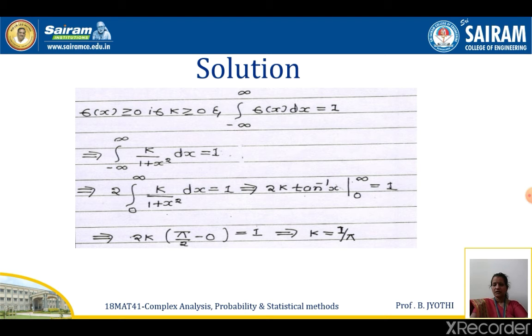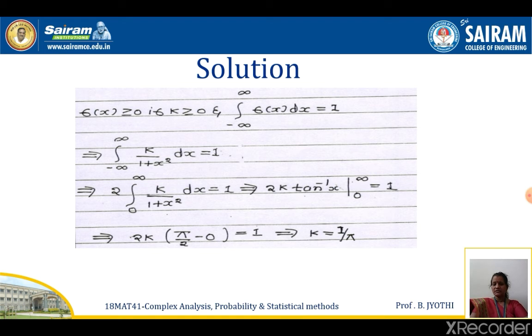Solution: f of x is greater than or equal to 0 if k is greater than or equal to 0, and the integral from minus infinity to plus infinity of f of x dx is 1. This implies, taking the given function, the integral of k divided by 1 plus x square dx is equal to 1.